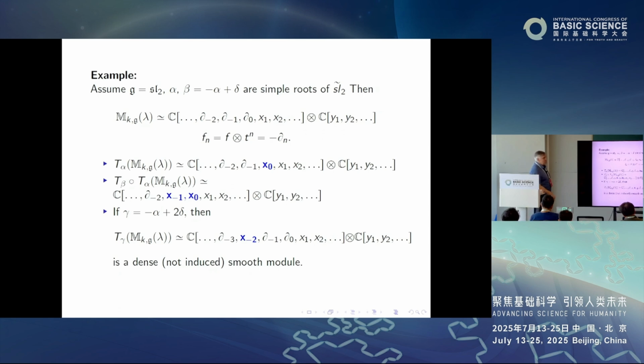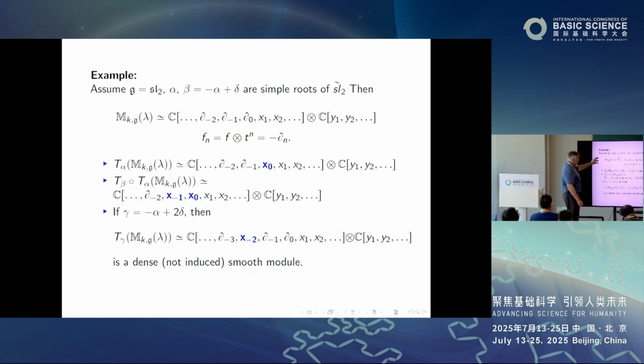Let's look at the example of SL2. Right, so we have two simple roots, alpha and minus alpha plus imaginary delta. I'm assuming that the Verma module is simple and isomorphic to the Wakimoto module, so I can take this realization, the Wakimoto realization of this highest weight module, and the action of the F_n generators is just minus delta_n on this space.